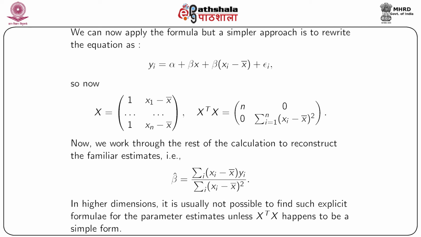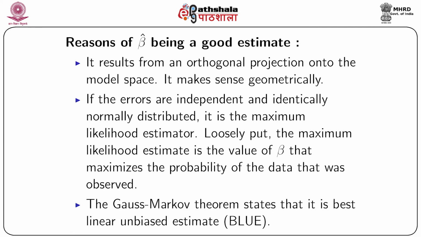for beta. Now, why do we find beta hat in terms of the least square estimates, and why is it supposed to be the best possible estimate that you can get for beta? The reasons behind are: it results from an orthogonal projection onto the model space. As we have seen, we write y hat in terms of H, the hat matrix or the orthogonal projection matrix of y onto the space of X. So it makes sense geometrically.